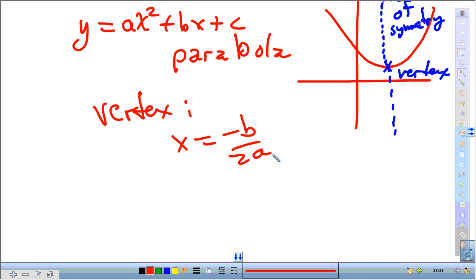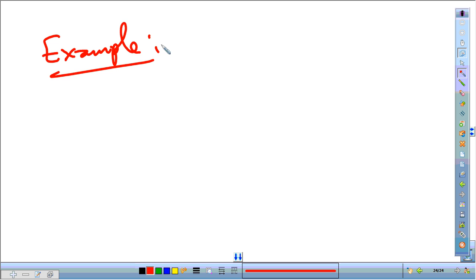In this setting, the vertex coordinate x can be found from minus b over 2a. So for example, y equal 2x squared plus 8x minus 5.